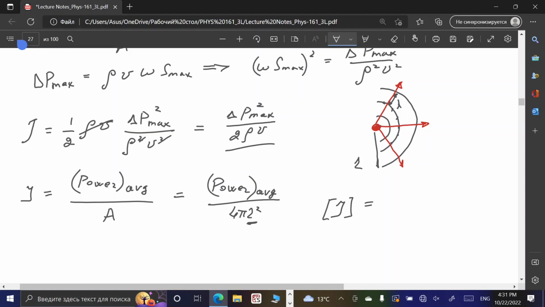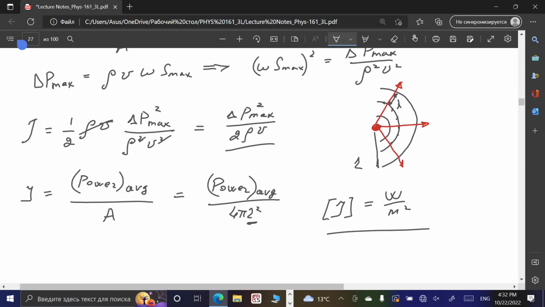Power per area. So power is what? It is work per second. So a joule per second. What then? There is a special unit for that. It's watt. And then meter square. That is the unit for intensity.